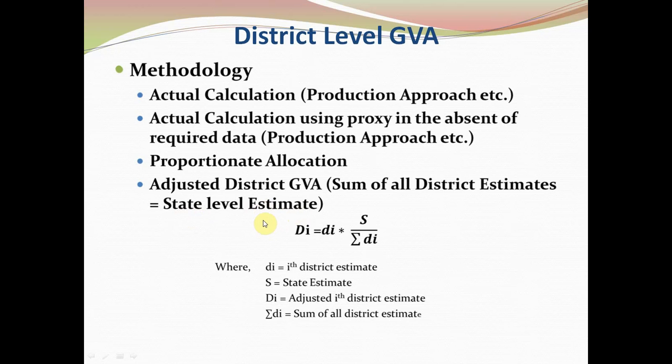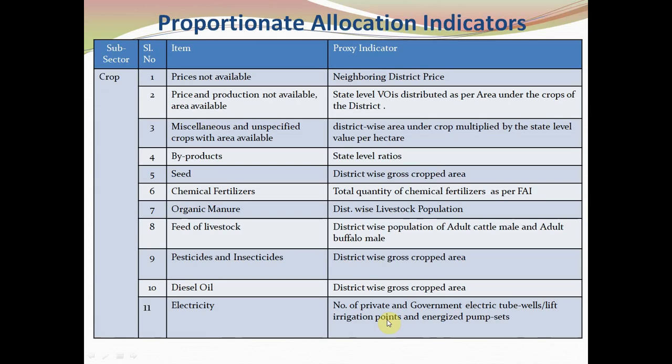So the formula is capital Di is equal to small di into S divided by sum of small di, where small di is ith district estimate, S is total state estimate, and capital Di is adjusted ith district estimate. It is summation, that is sum of all Di is sum of all district estimates.